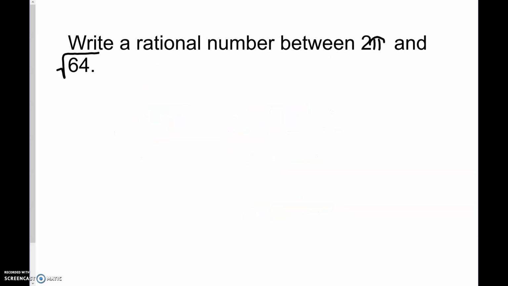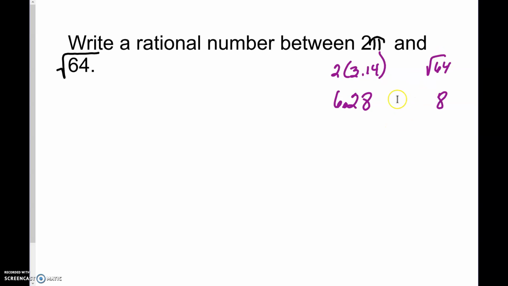All right, write a rational number between 2 pi and the square root of 64. Stop it, and then do this. All right, rational number means that we're going to have a fraction or a decimal of some sort. So 2 pi is going to be 2 times 3.14. So we're going to have 6.28. And then the square root of 64 is 8.